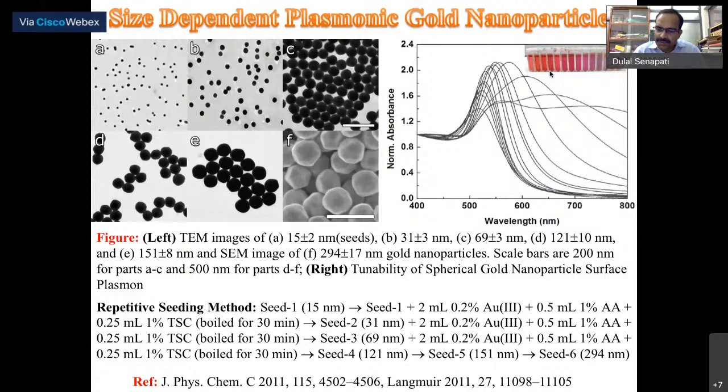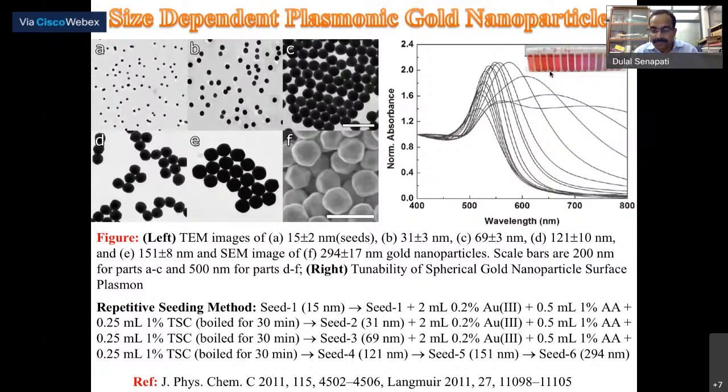Once we use the seed, we keep the other parameters the same: the amount of gold, 2 ml of 0.2% gold, plus 0.5 ml of 1% ascorbic acid, plus 0.25 ml or 250 microliter of 1% trisodium citrate. This composition remains the same, and then we boil it for 30 minutes.